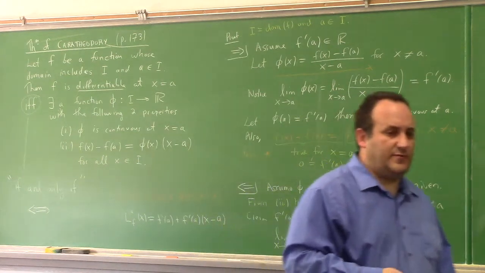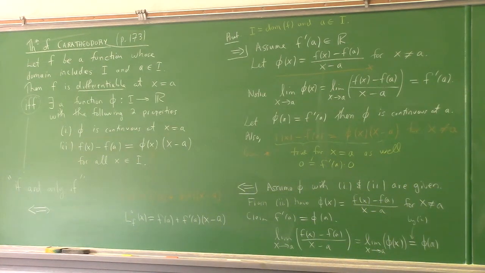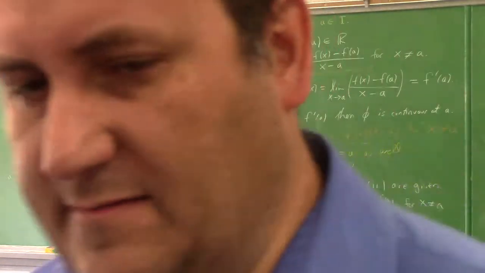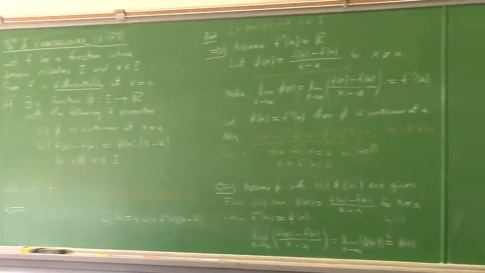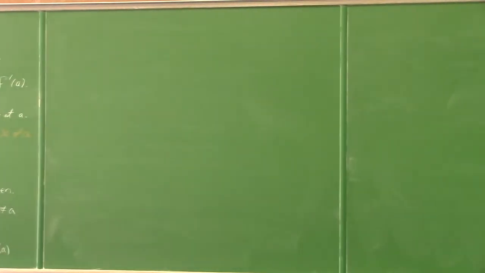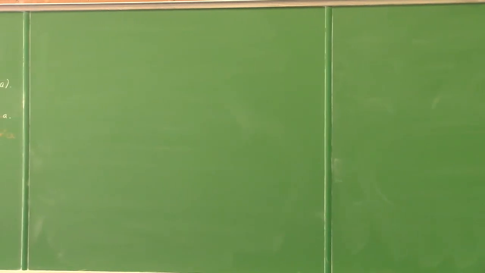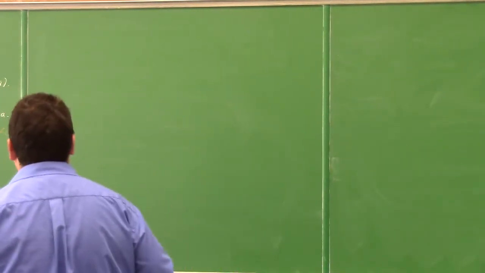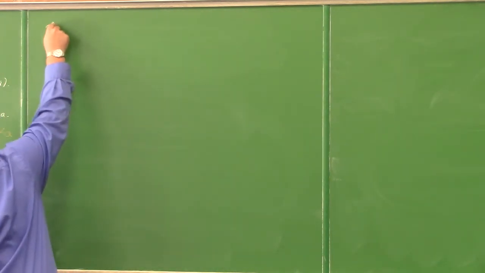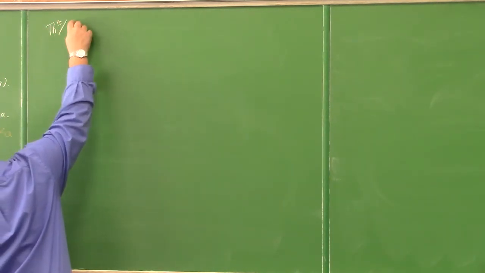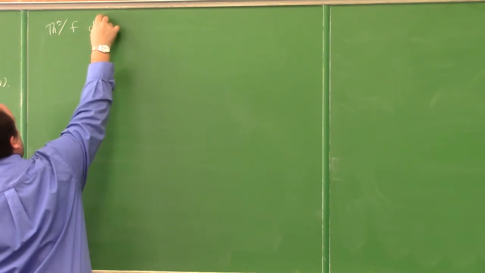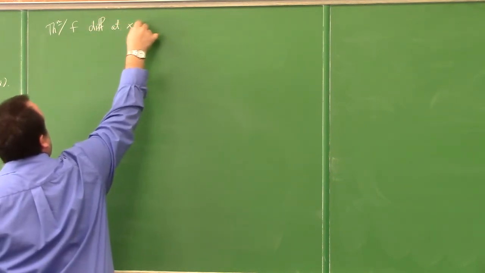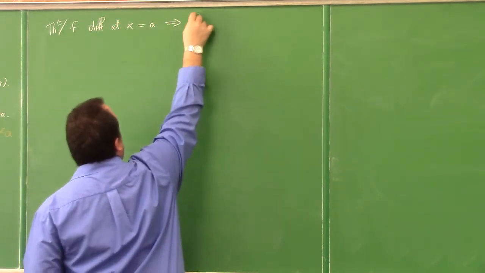Remember we proved that differentiable implies continuous before, and I showed you the argument, but it was kind of a pain, right? It involves some kind of sneaky steps. But now we can do it more easily as follows. So here's the theorem: f differentiable at x equals a implies f continuous at a.